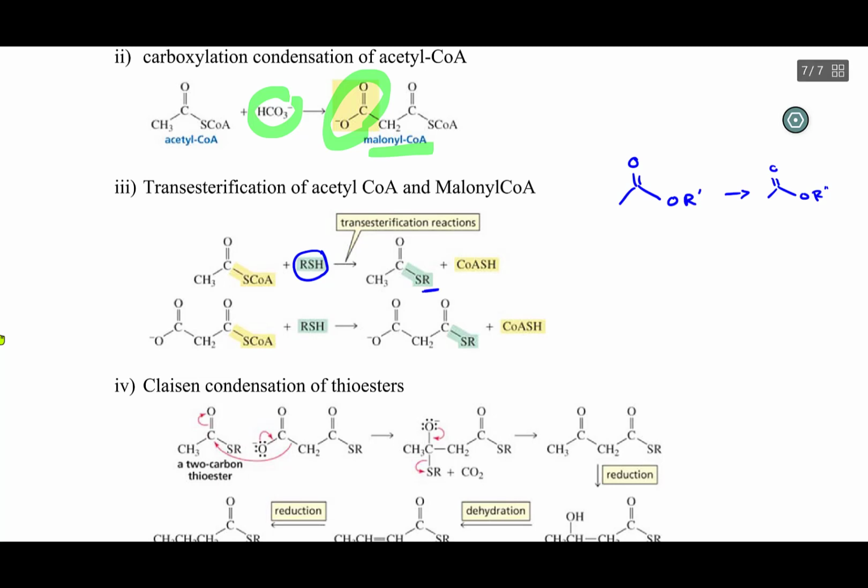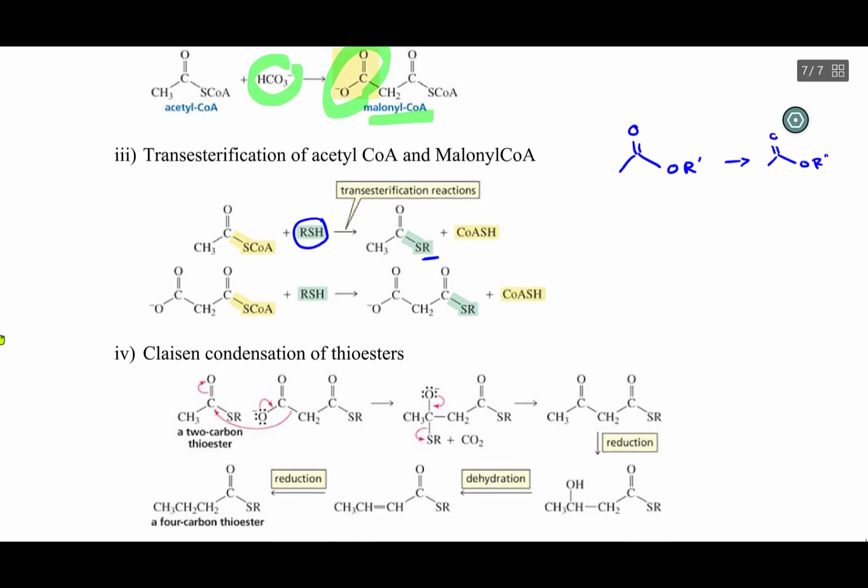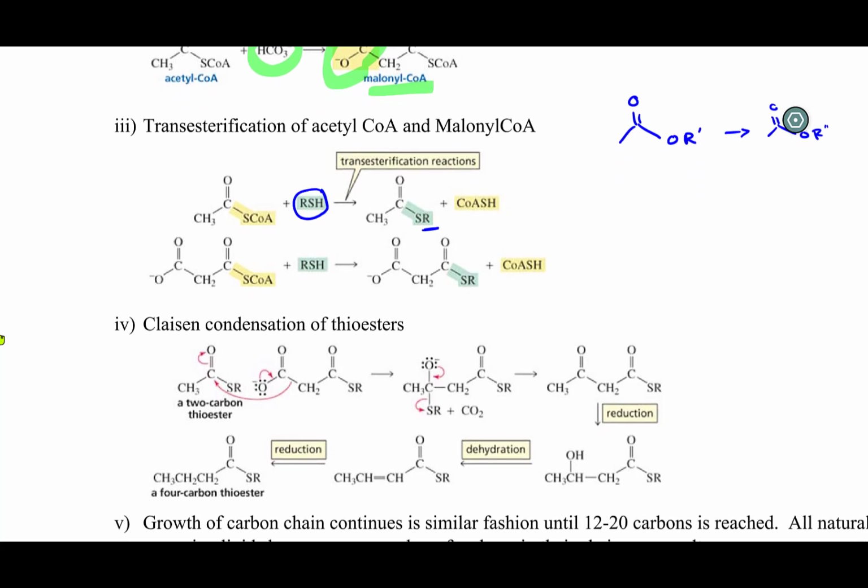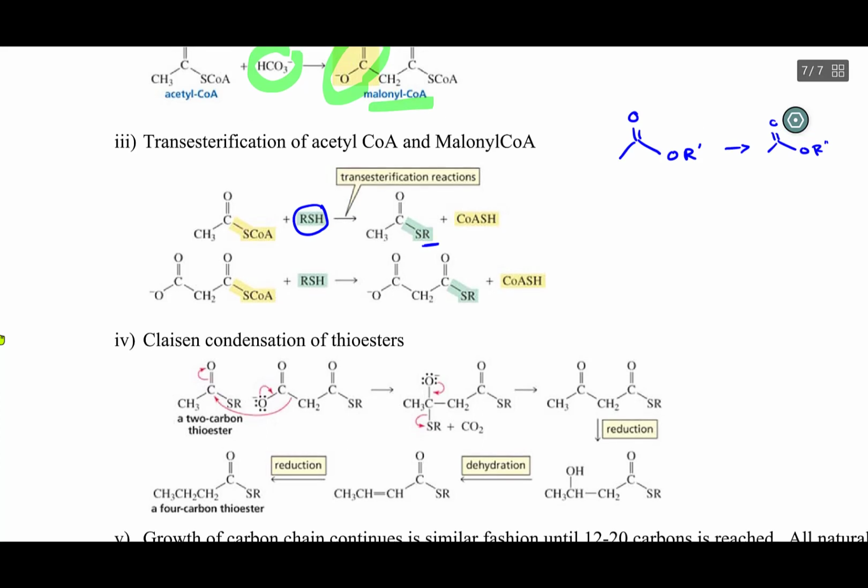That's this guy here. Now, this is where the alpha carbon chemistry can start. So we take our malonyl-CoA, that's this guy here, and then our new 2-carbon thioester, and we get a beta-keto thioester.